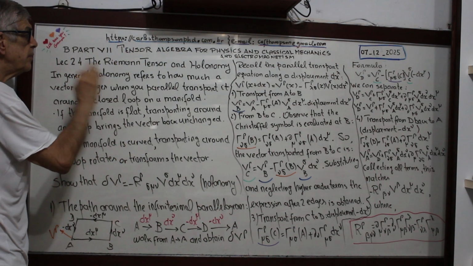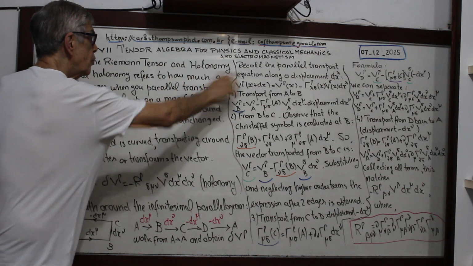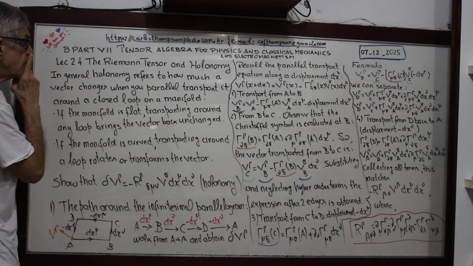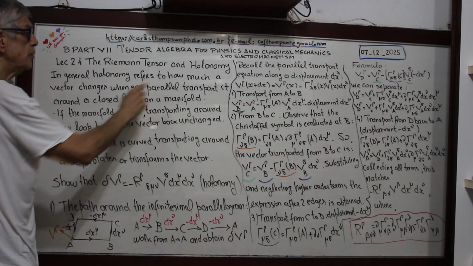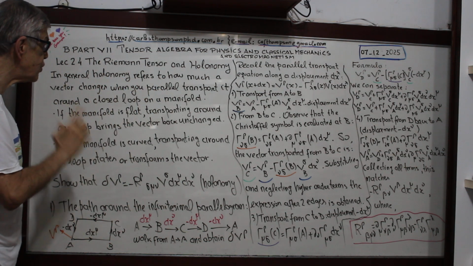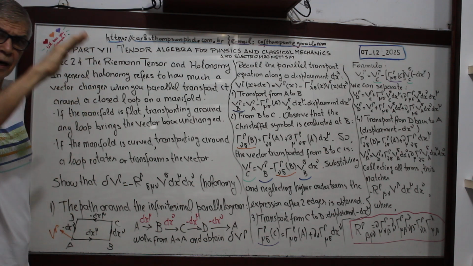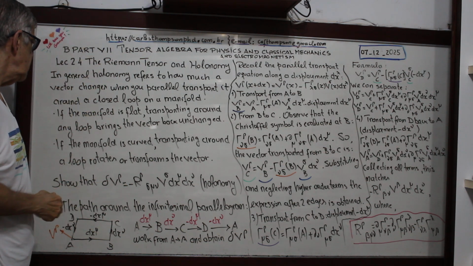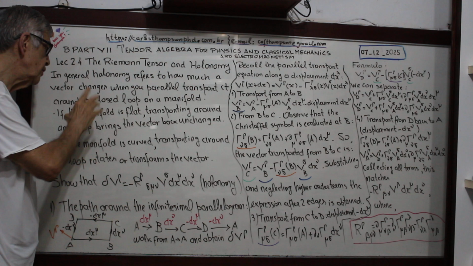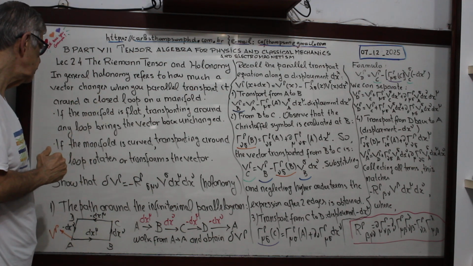24th, the Riemann tensor and holonomy. In general, holonomy refers to how much a vector changes when you parallel transport around a closed loop on a manifold.